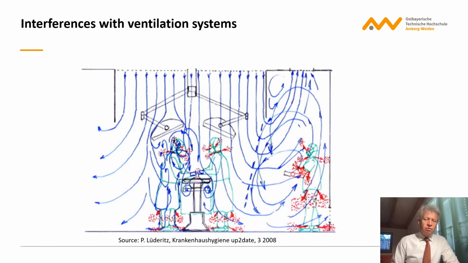Moreover, we know for quite some time that all equipment and the staff movements are really interfering with even the best ventilation concepts. Therefore, you need very robust ventilation systems, ideally to support reducing surgical site infections by the ventilation system.